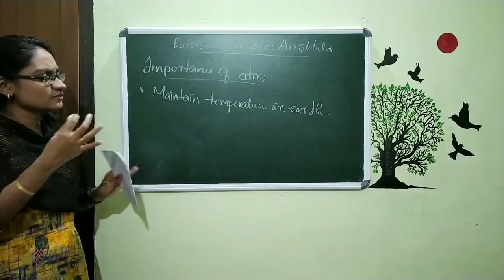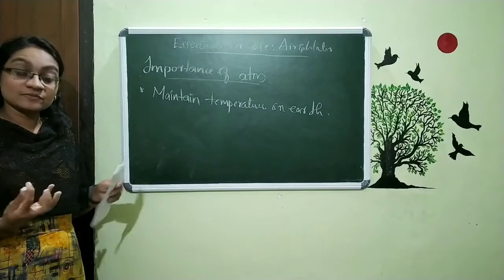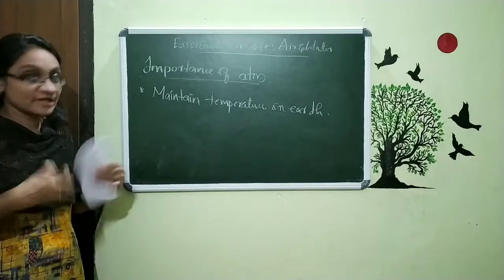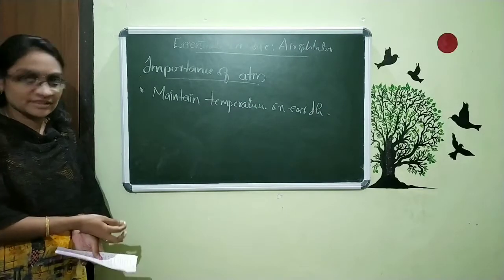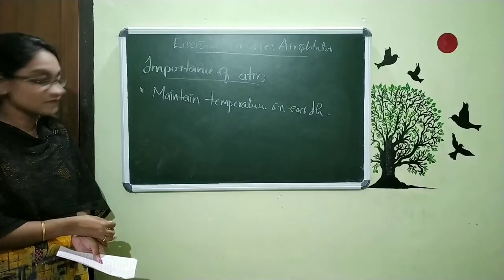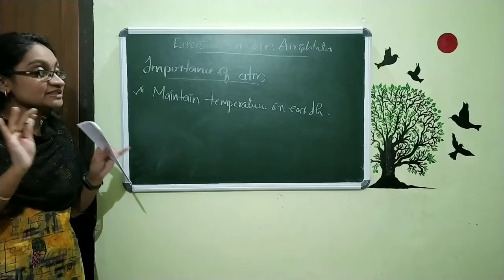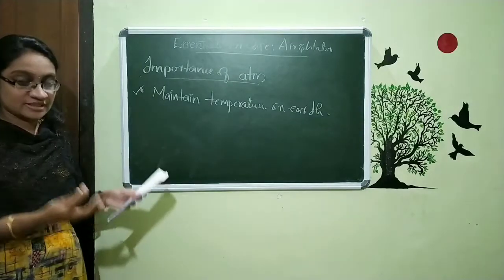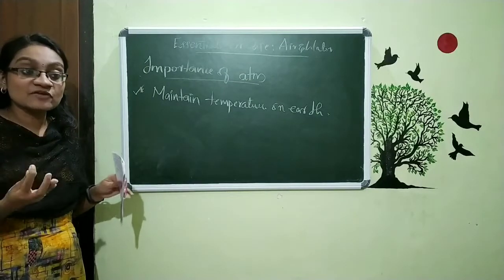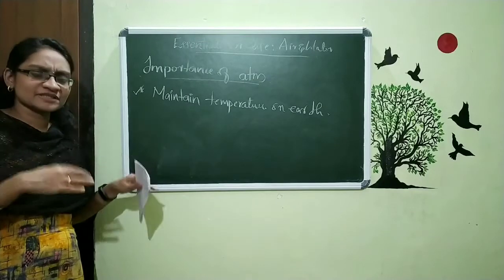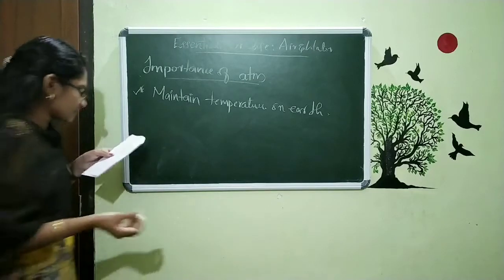The importance of atmosphere means why this atmosphere is there, what is the need for it. So the first thing is that it maintains the temperature on earth's surface, and that helps animals, birds, plants and all to survive.